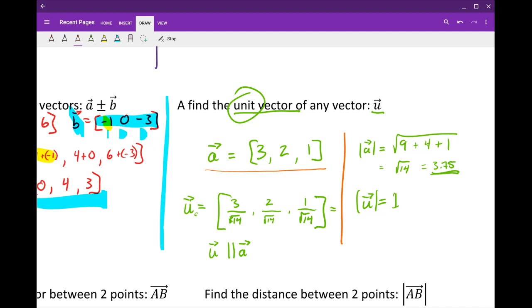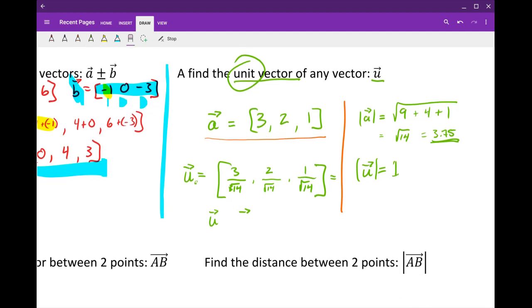Just to verify that this is 1 unit long, let's figure out the magnitude of u. The magnitude of u is 1, but let's figure it out.